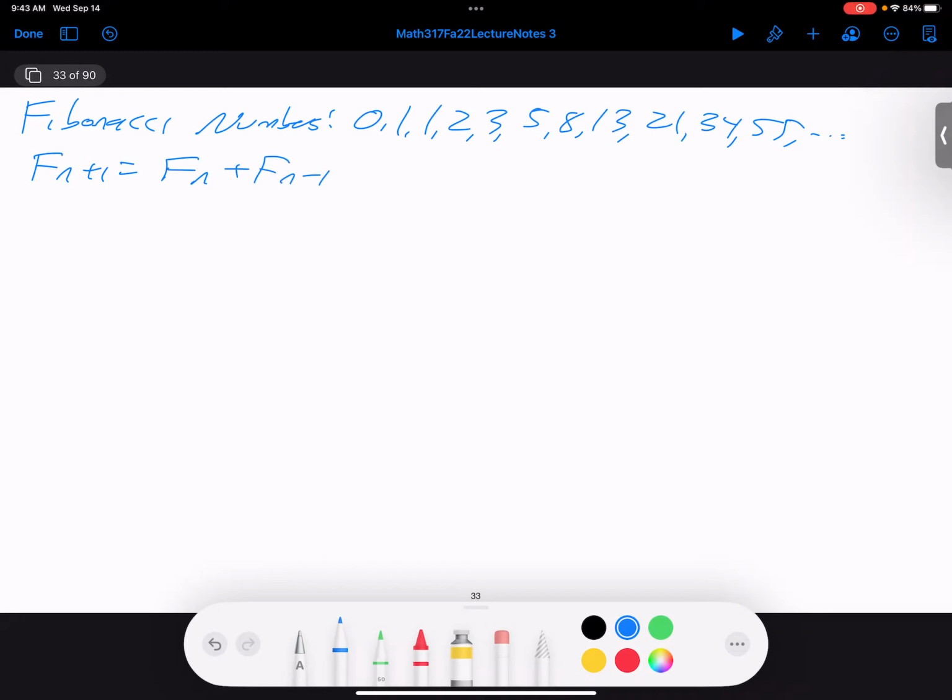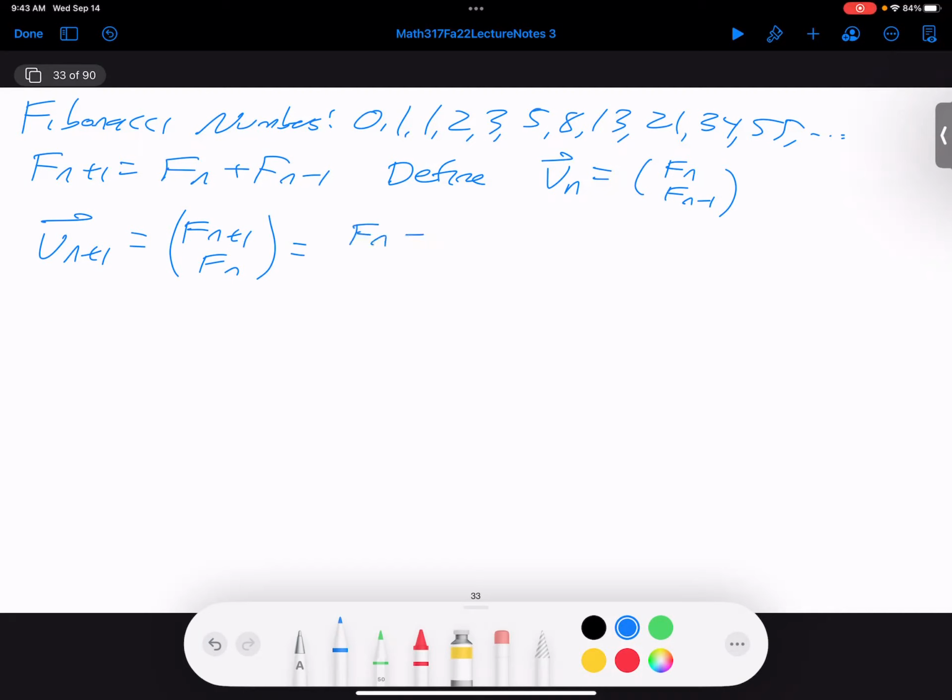So what we're going to do is define, let's say, Vn to be (Fn, Fn minus 1). So Vn plus 1 is going to be (Fn plus 1, Fn). But what's Fn plus 1? That's just going to be Fn plus Fn minus 1.